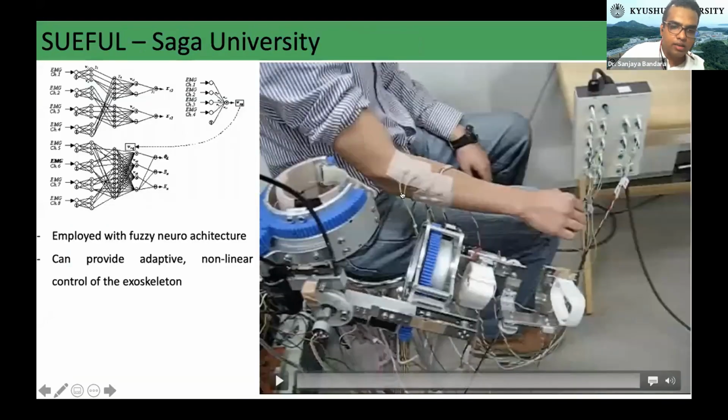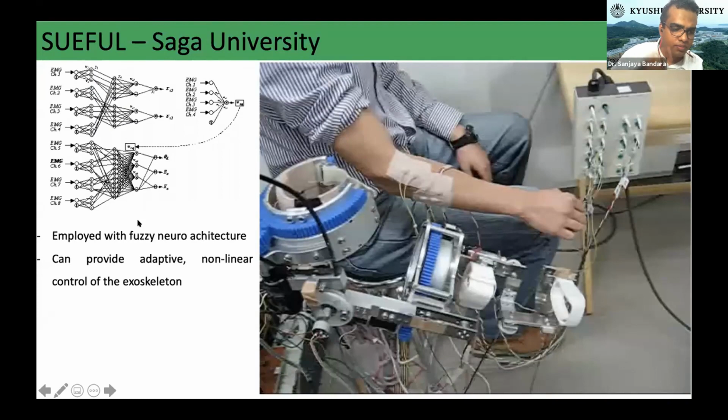And again, I got this video from Professor Gopura. This is again done at Saga University. This is an exoskeleton robot. It is equipped with a fuzzy neuro architecture, and it can provide adaptive nonlinear control of the exoskeleton because EMG signals vary with factors like physical and physiological condition.